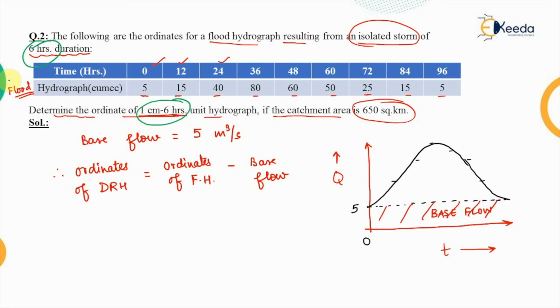So we have obtained the direct runoff hydrograph. We know that the area of the direct runoff hydrograph is equal to the runoff volume. This we have learned in the previous problem.